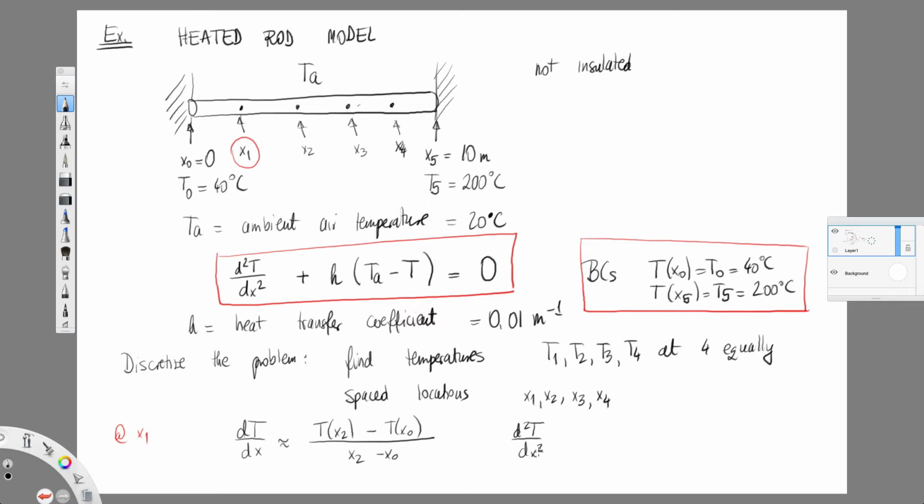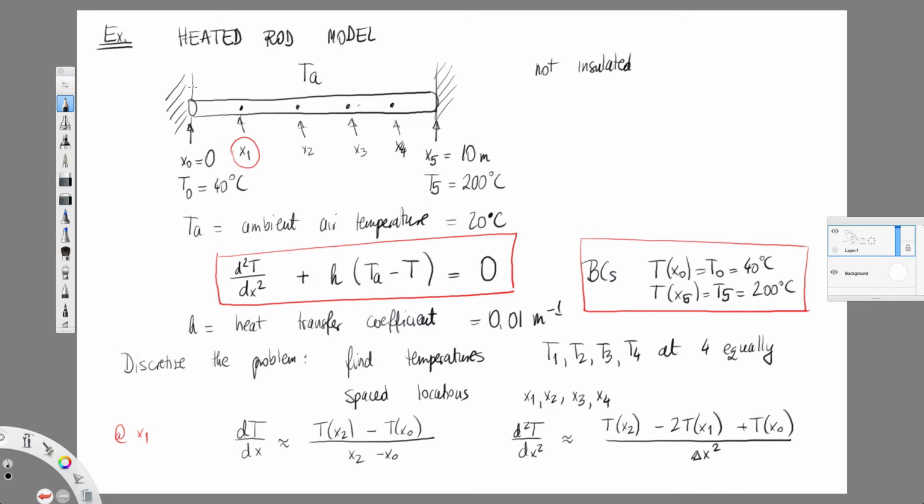I'm not going to do that directly here, but you could get the formula that d squared T/dx squared is approximated as T of x2 minus 2 T of x1 plus T of x0 divided by what I'm going to call delta x squared.